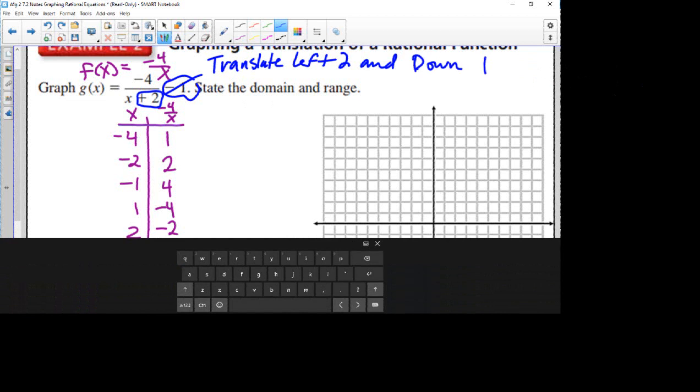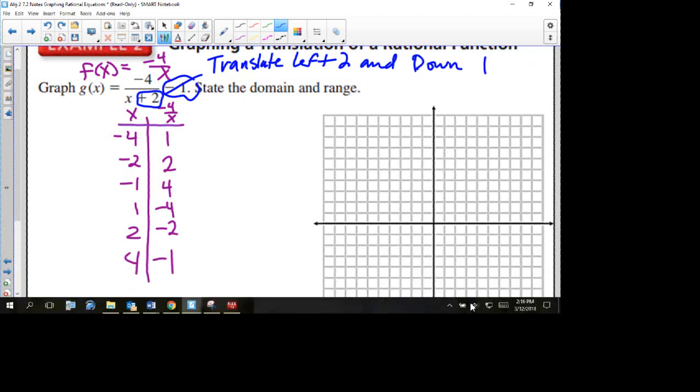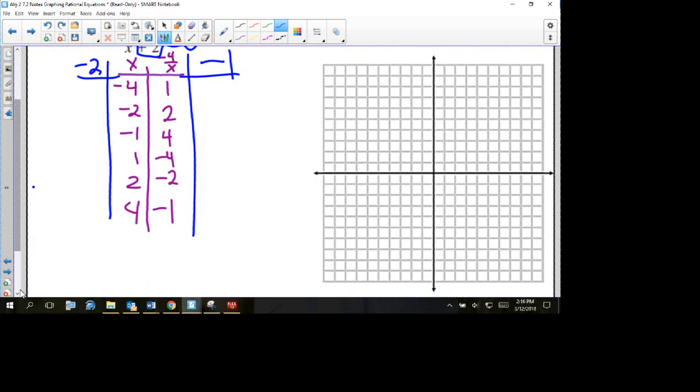So to my x values, I will be subtracting 2. To the y values, I will be subtracting 1. But there are also asymptotes. So when I did my original points, I should have stuck my asymptotes in there right away and I forgot. The asymptotes, remember, are x equals 0, y equals 0.